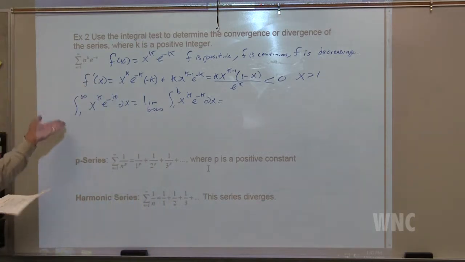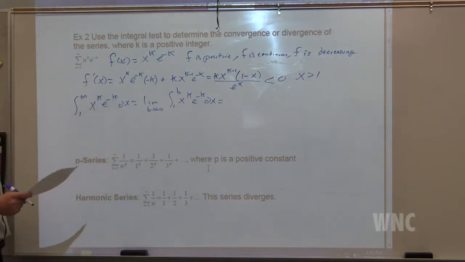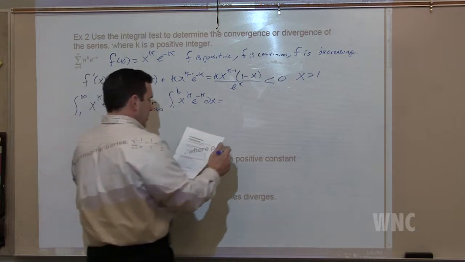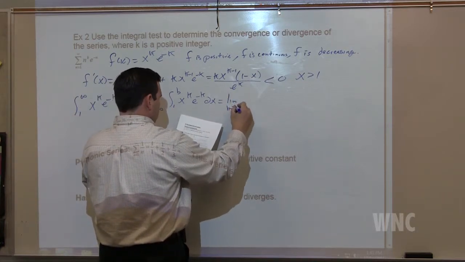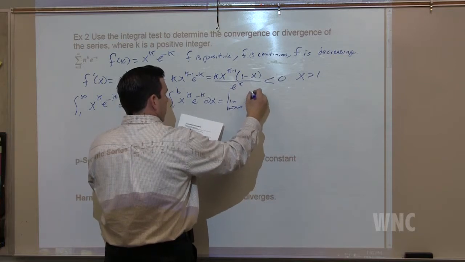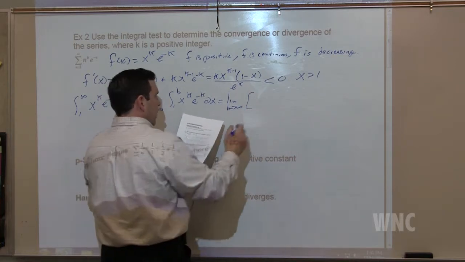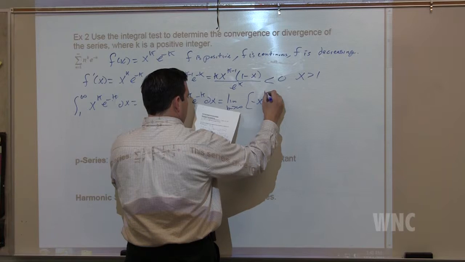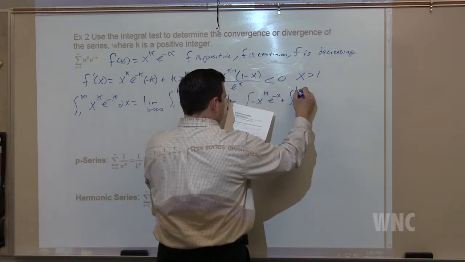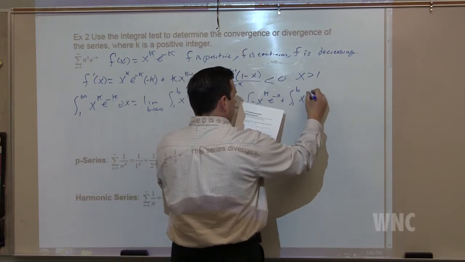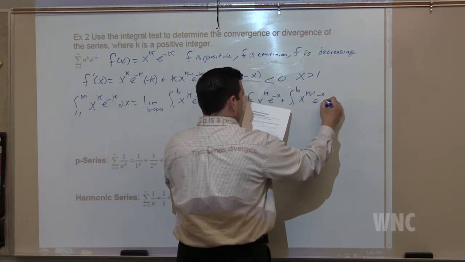So, improper integral. And this works out to be the limit as b goes to infinity of negative x to the k e to the negative x plus the integral from 1 to b of x to the k minus 1 e to the negative x dx.